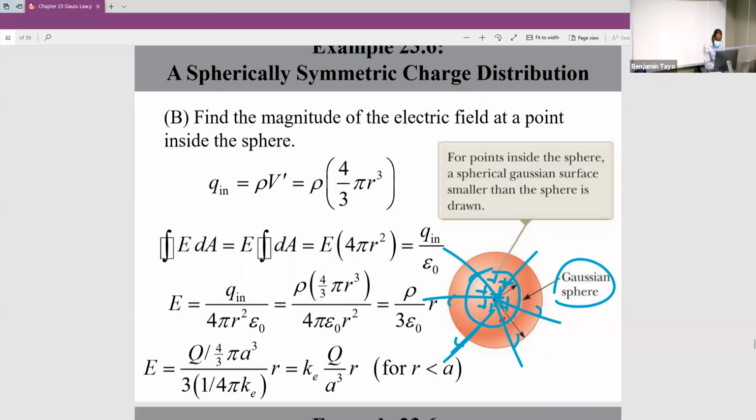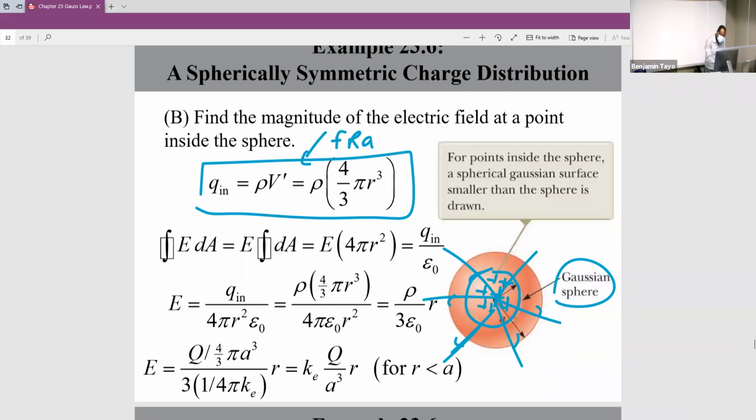So the amount of charge that I have in here, I can calculate using this equation here. This is just going to be some fraction of the total charge, which, if you substitute the Q that we've calculated here, you get this value of the electric field.